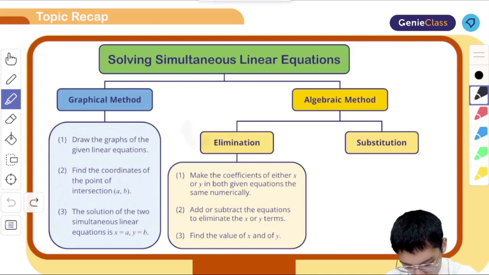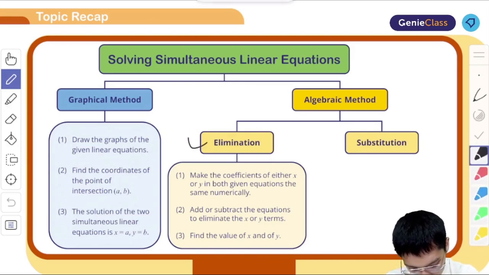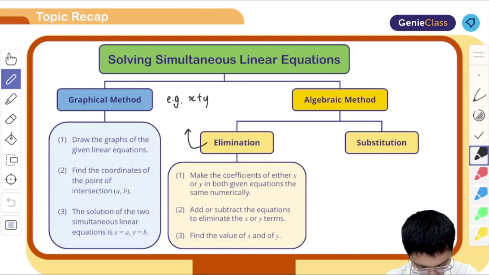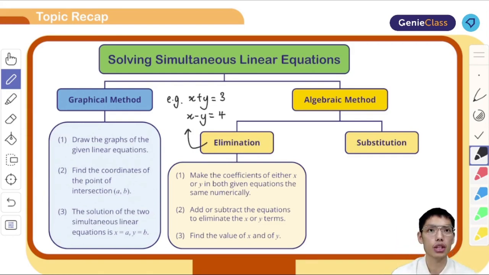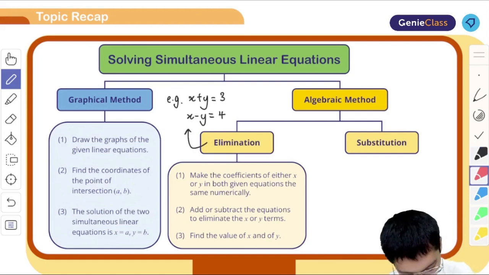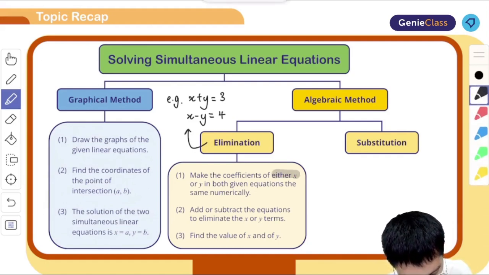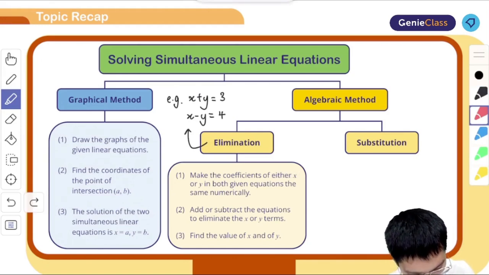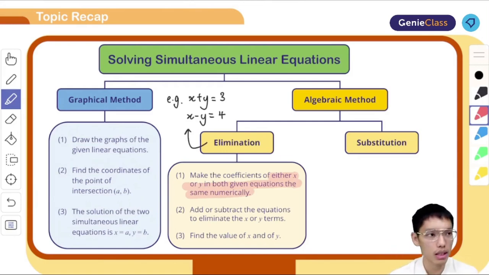Say, for example, x plus y and 3x minus y equals 4. In this case, I will do elimination because the coefficients of either x or y are the same. That's the key thing. If you see either x or y are the same numerically, in this case the coefficient is 1, we will eliminate.